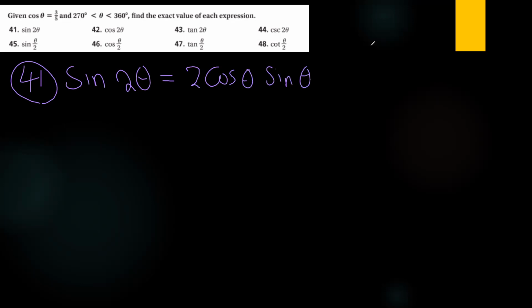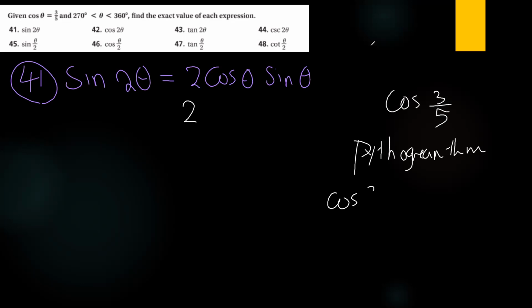So here, what do I need? I need to say 2. Now, what do I have? I have cosine, it's 3 over 5. But here I need the cosine and sine, so I will use the Pythagorean theorem. Cosine 3 over 5 squared plus sine squared of theta is 1.